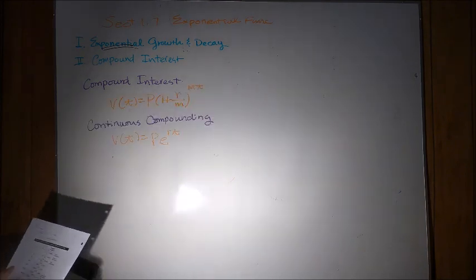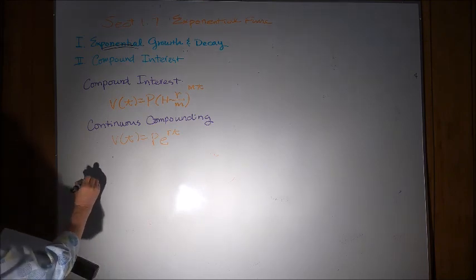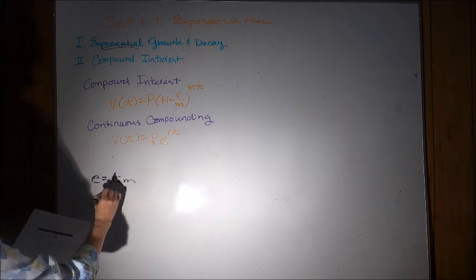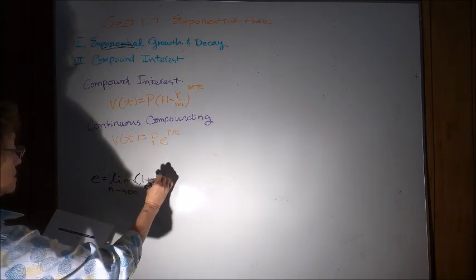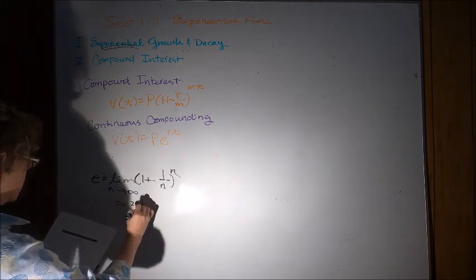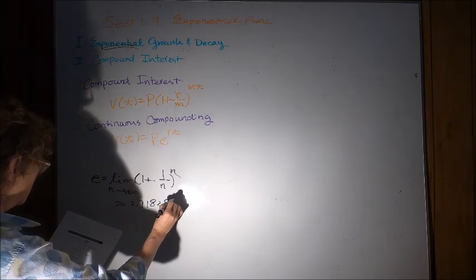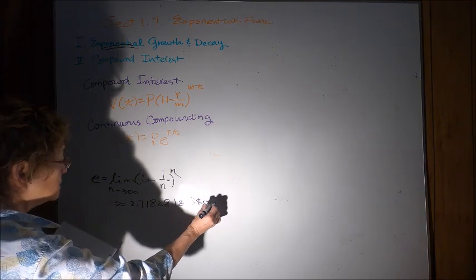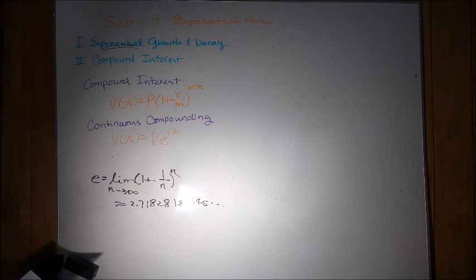Look at page 13. So the constant e is defined as a limit going to infinity, and the value is about 2.718, with a decimal that goes on forever.